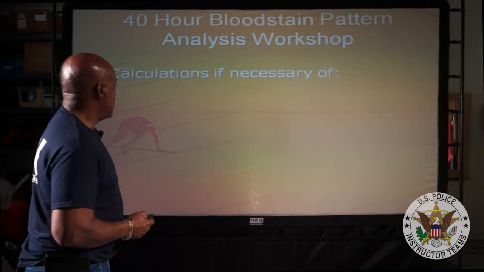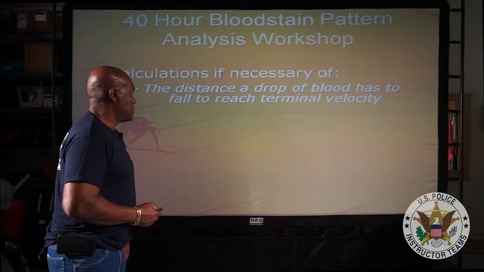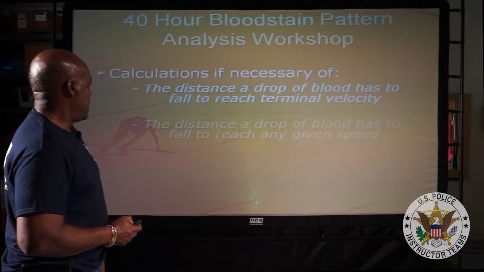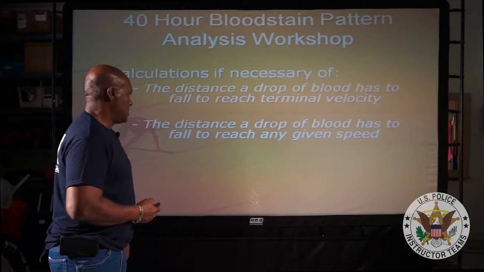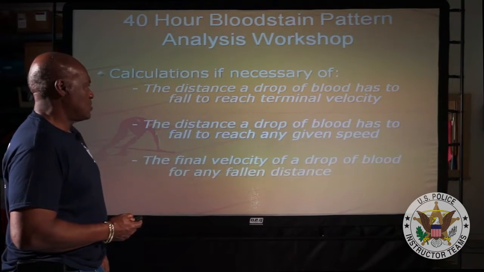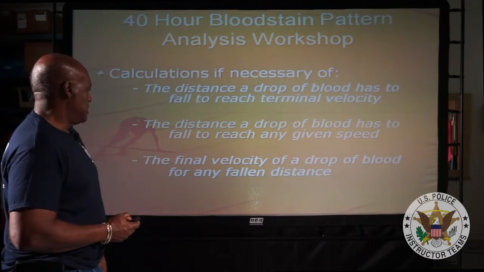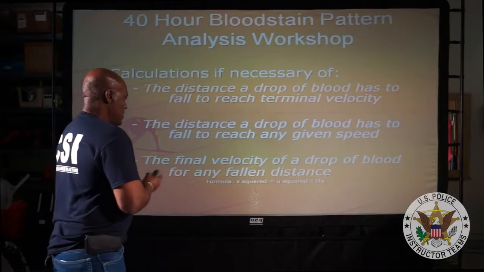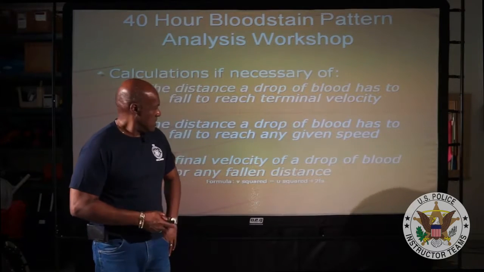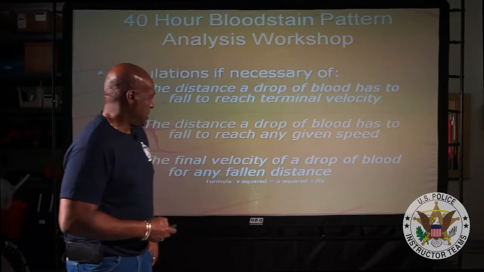Calculations, if necessary: the distance the drop of blood has to fall to reach terminal velocity, the distance the drop of blood has to fall to reach any given speed, and the final velocity of a drop of blood for any distance. And the basic formula, with some alteration, is V squared equals U squared plus 2FS.